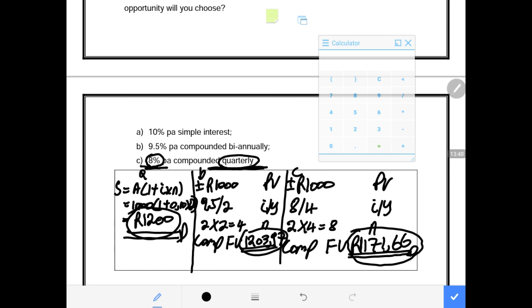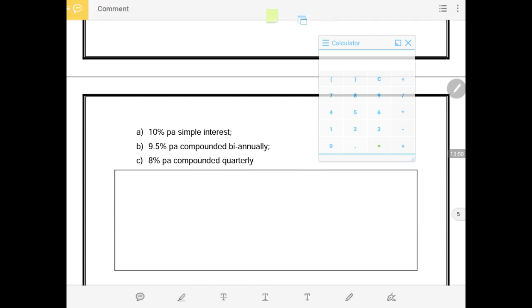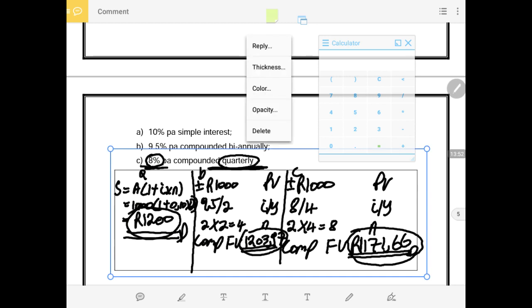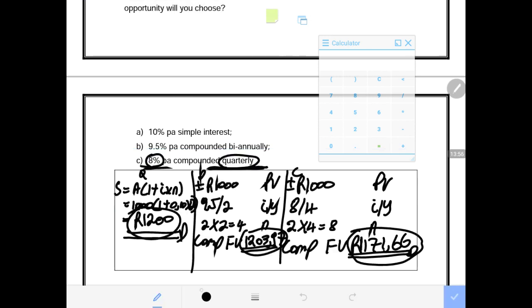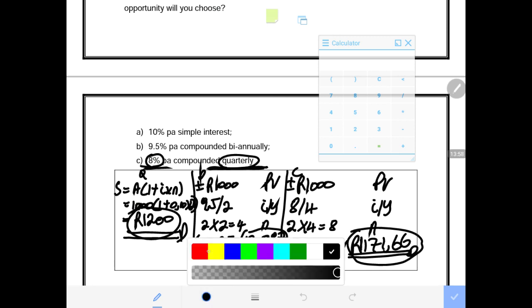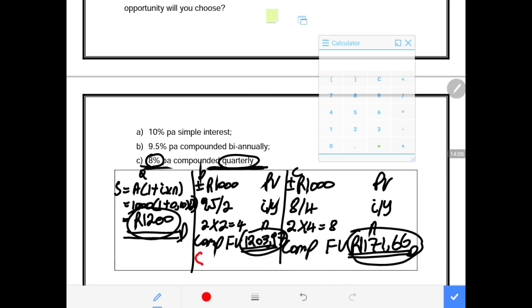So guys, it's very important to highlight that. Remember that we could also have used the formula to calculate the future value, where sum accumulated is equal to A, which is 1000, brackets 1 plus 0.095 divided by 2, all to the power of 2 times 2.